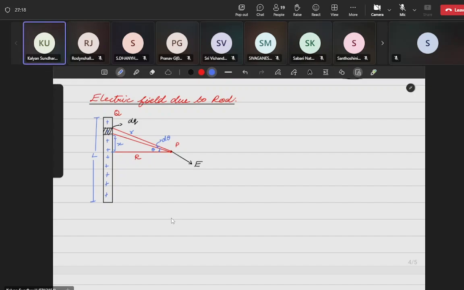This electric field vector I have to resolve along the perpendicular and the parallel, right? Along the x axis and along the y axis. So I take it like this. Since the small element dq produces an electric field, I mention it as dE. So this is theta, this is also theta, and this will be dE cos theta, and this is dE sin theta.